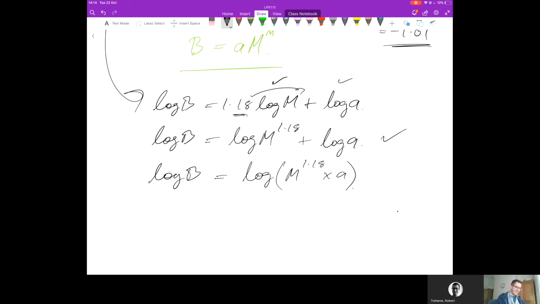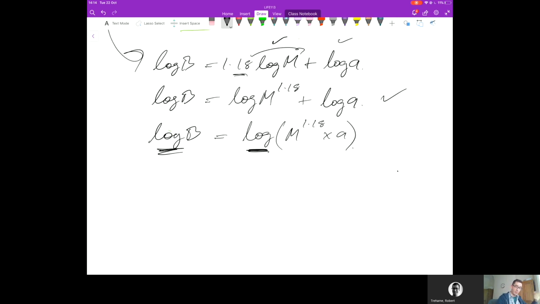Now I'm there. I've basically logged both sides of that equation, with no other factors hanging around, which means I can write it without the logs as well. I'm going to write this in green. B is equal to, I'm going to swap these around, A times M to the 1.18.